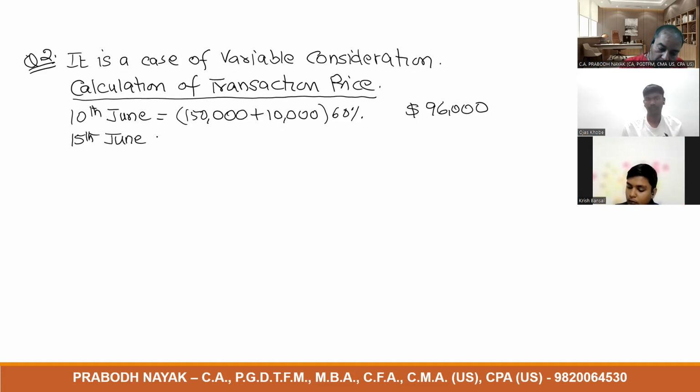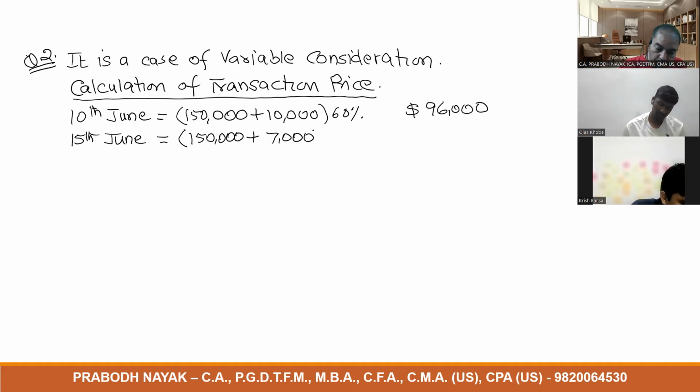It is done by 15th of June. 1,50,000 plus 7,000. The probability of this is 20%.